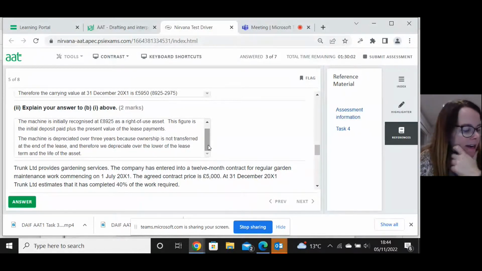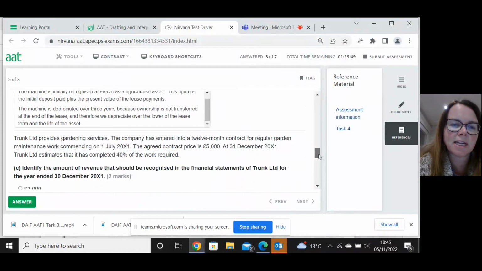Okay, so again, looking at their suggested answer, it basically says that, but it also says any other relevant points may be awarded marks. So the people marking this are able to use their discretion.